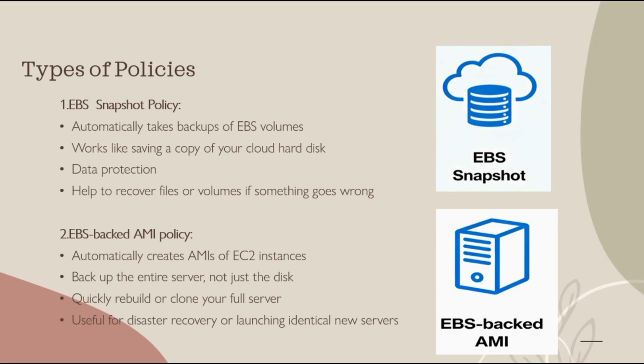If we use the EBS snapshot policy, we can create the backup copy of the EBS volume only. So by using the EBS-backed AMI policy, we can create the EC2 instance from that backed-up AMI. So it is useful if any kind of disaster happens, because by using that created image, I can launch the same identical server in some other region. So it will be helpful in those particular cases.